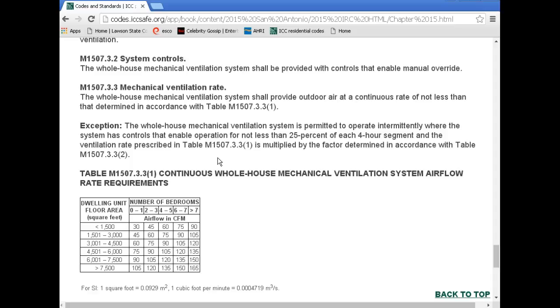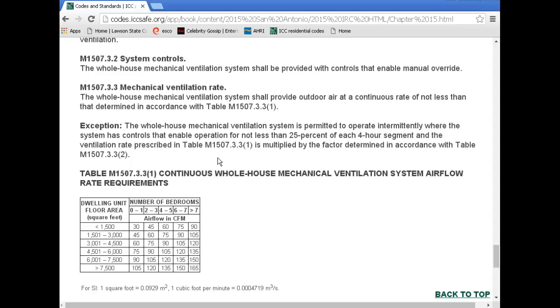So not less than, I guess that's 1 hour out of a 4-hour segment. That's 25% of it. And the ventilation rate prescribed in the table, 3331, yep, is multiplied by the factor determined in accordance with the table there.